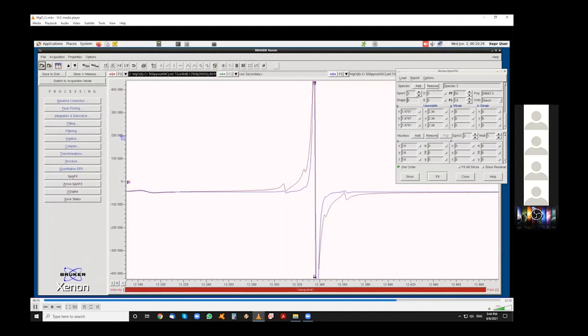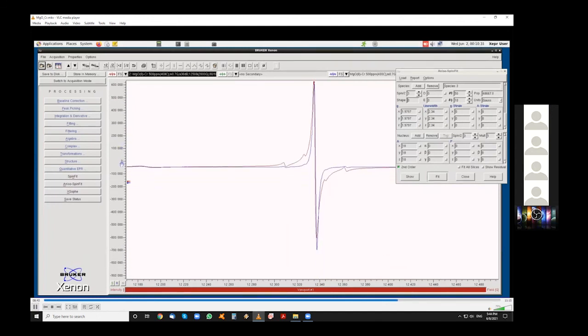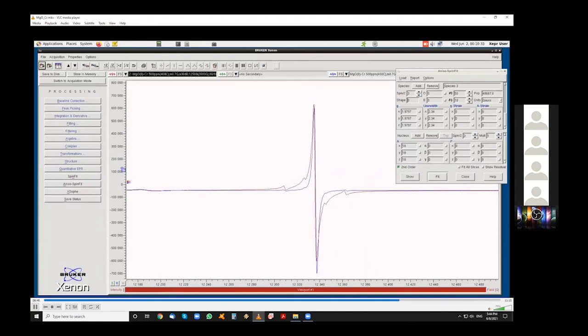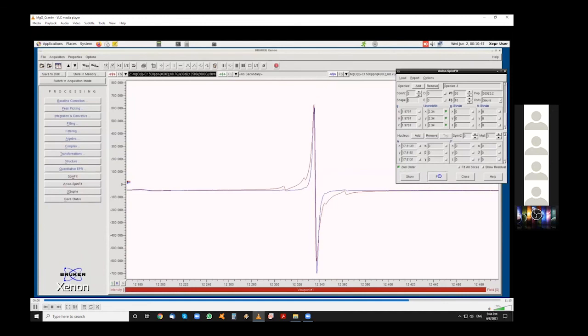So I started with groups of parameters, and you may observe that the simulation starts to look very much like the experimental spectrum.